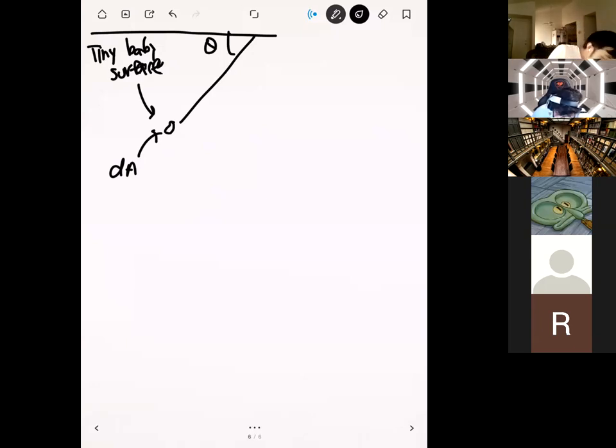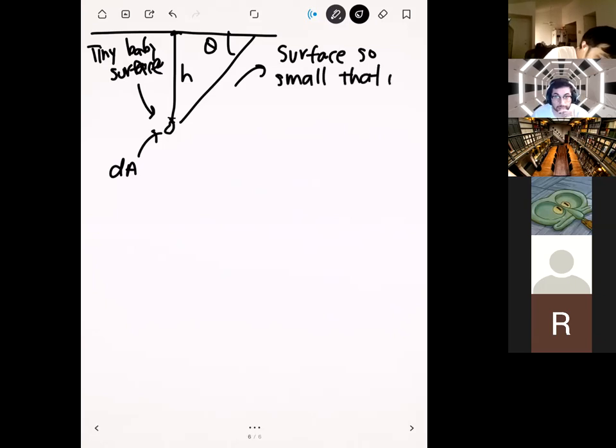The other thing we know about this little baby surface is that it's at a height h. And the nice thing is that because we're working with such a small surface, we can say that this surface is at a uniform depth. This is really convenient because now we can use the formulas that we have from before, because we know that it's all at the same depth.